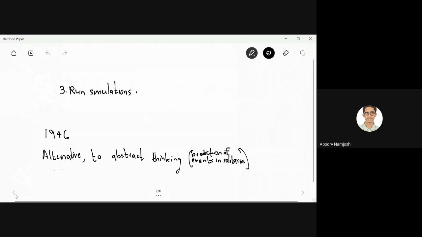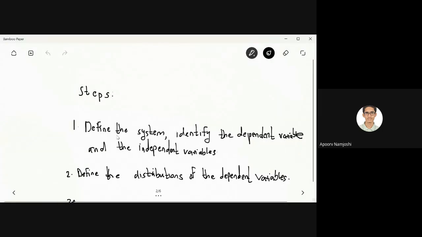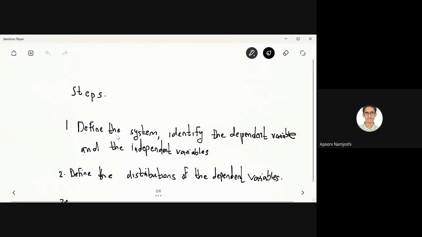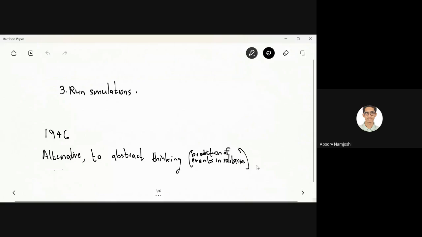Firstly, to define the system, identify the dependent variables and independent variables, like which were more explicitly defined in the last example. Define the distributions of the dependent variables and run simulations.